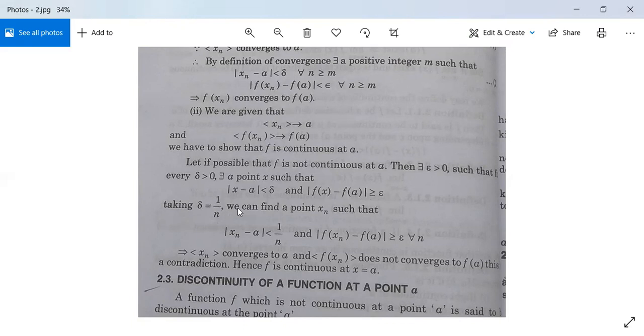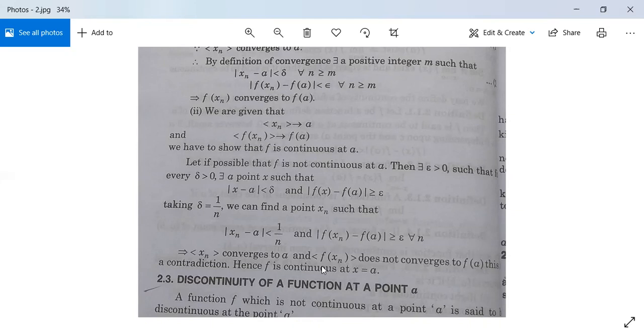Take delta equal to 1/n, then we can find a point x_n such that mod x_n minus a is less than 1/n, and mod f(x_n) minus f(a) is greater than epsilon for all n. It implies that sequence x_n converges to a, but sequence f(x_n) does not converge to f(a).